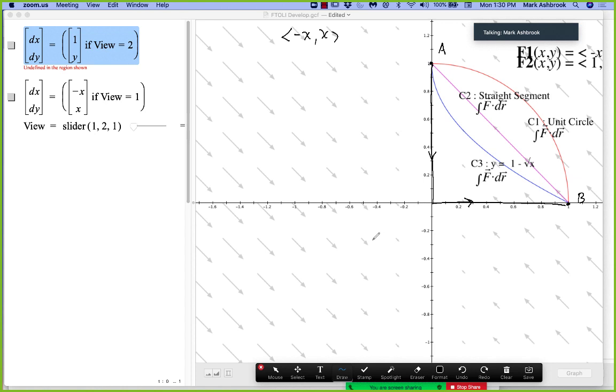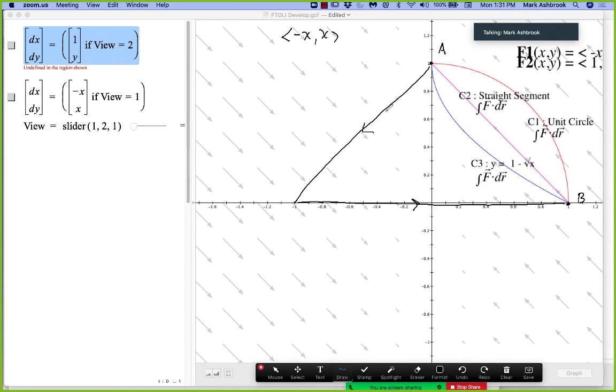What about another example of 0? How about this? And then, how about this? Is that 0? Yes.